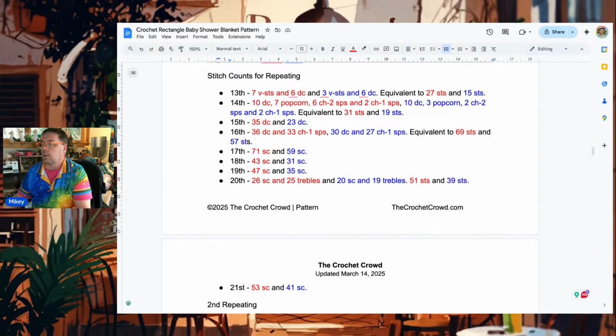15th, 65 and 53. 14th, 61 and 49. 13th. There's going to be 17 popcorns, 17 V stitches.